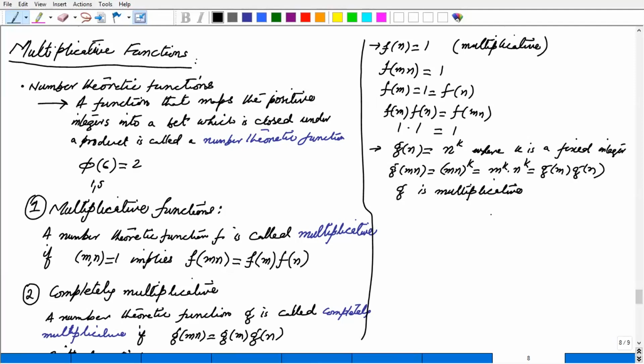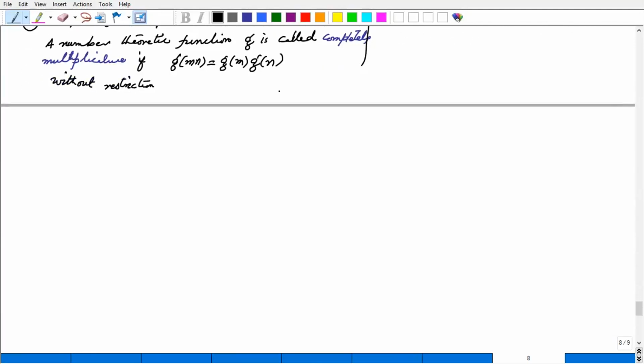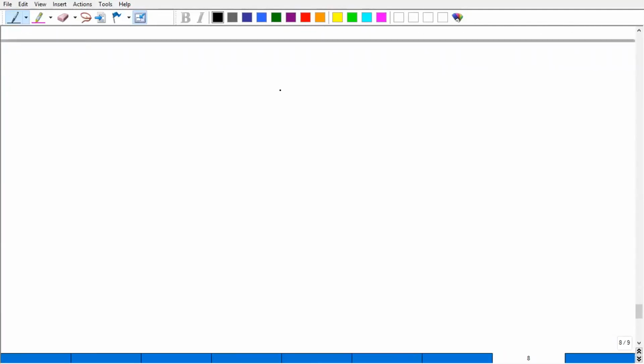So let me introduce a result. Theorem 1.